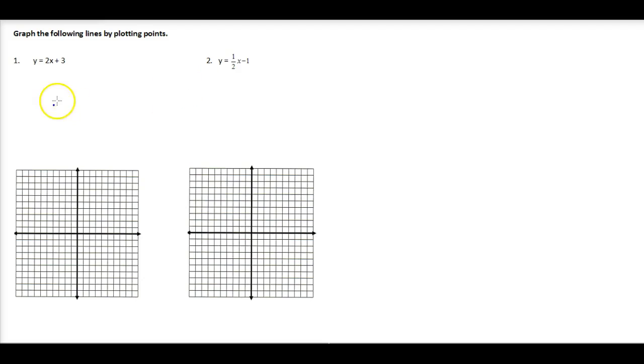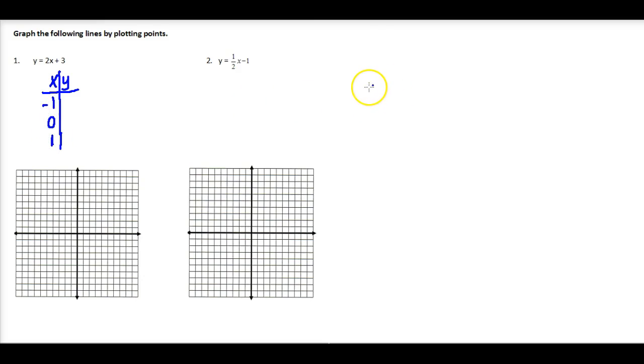For number 1, we want to find some x values to plug in so that we can end up with some y values here. So let's take it easy here and let's do -1, 0, and 1.